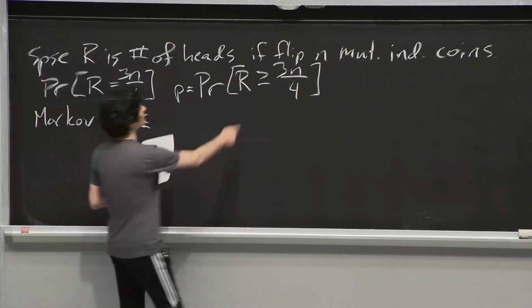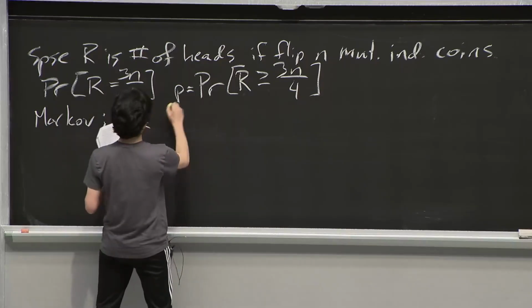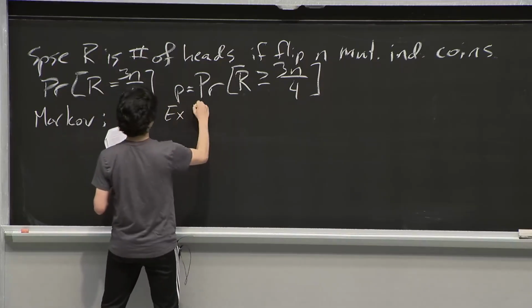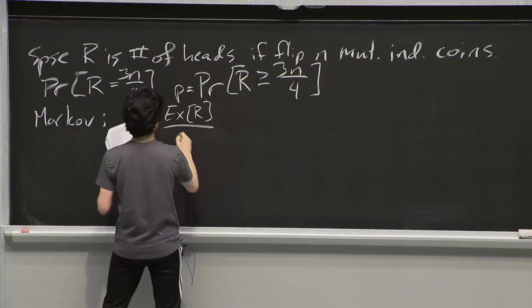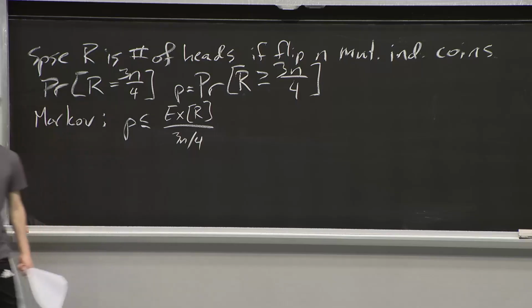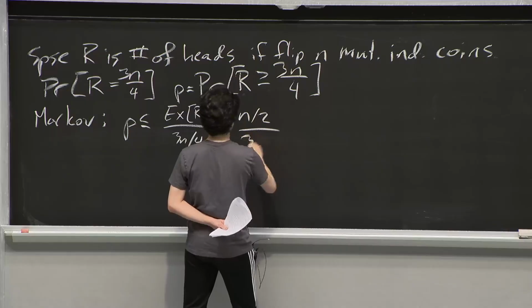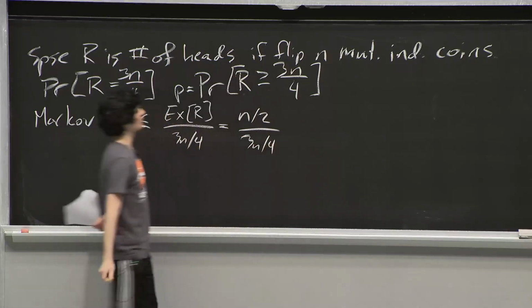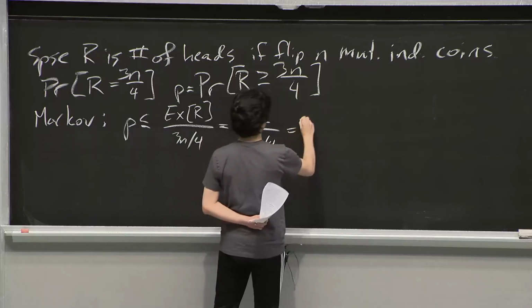Well, the probability that R is at least some threshold is going to be the expectation of R divided by this threshold. What's the expectation of R? n over 2. So this is going to be 2/3.